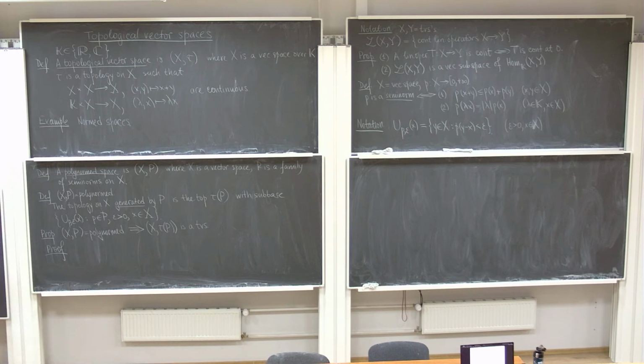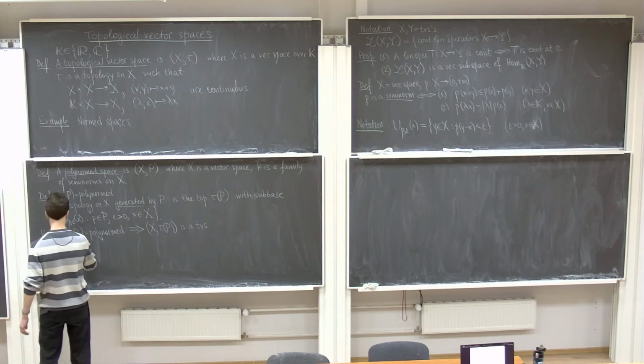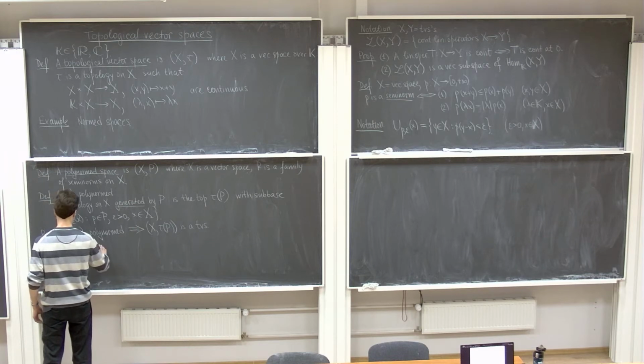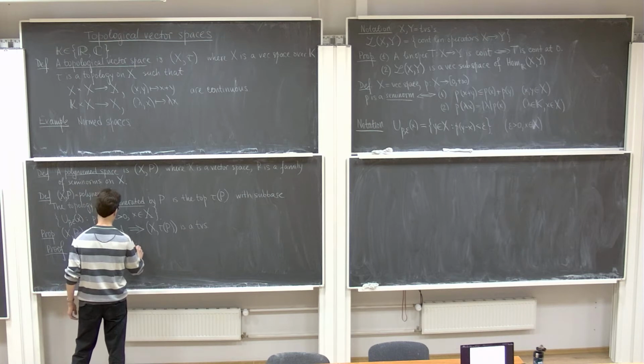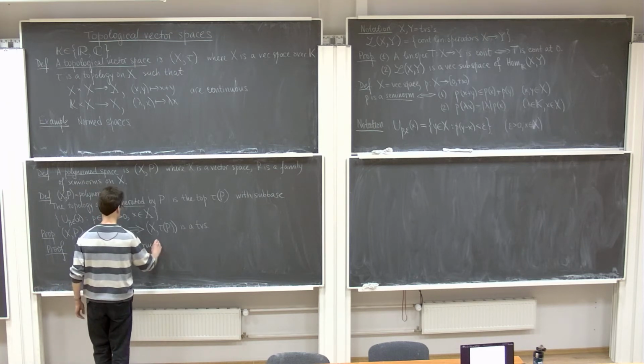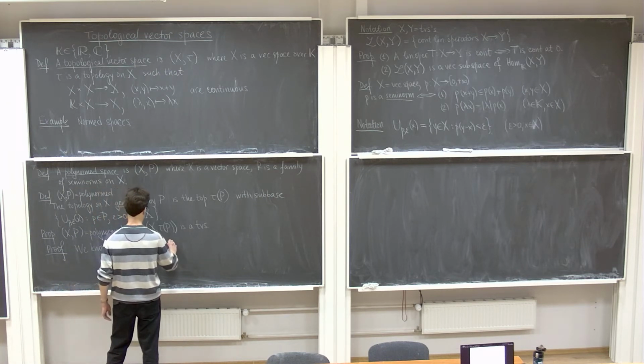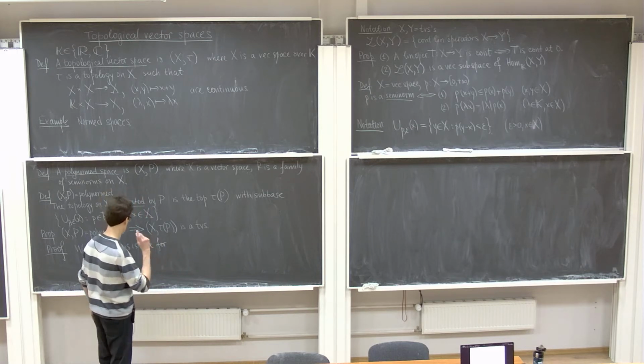There are several ways of proving this. In my view, the optimal proof is to reduce everything to the case of normed spaces. So I'm assuming we know that this result holds for normed spaces.